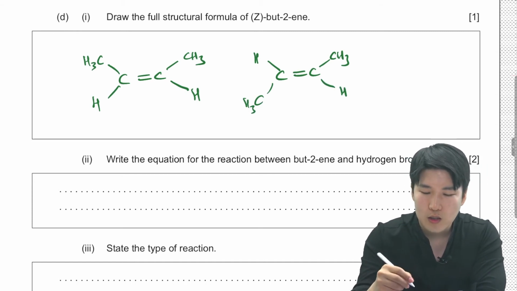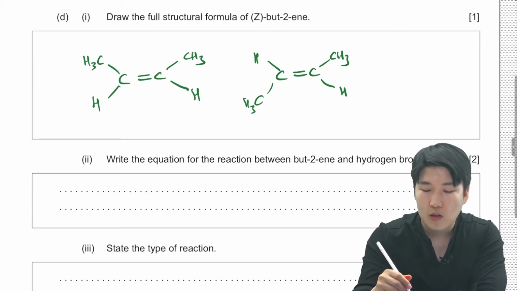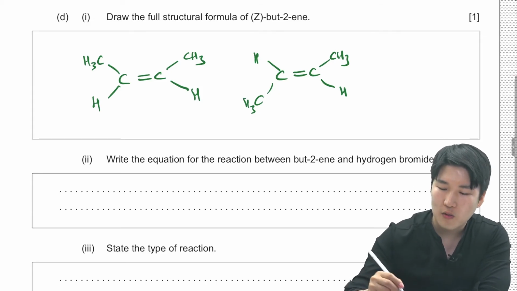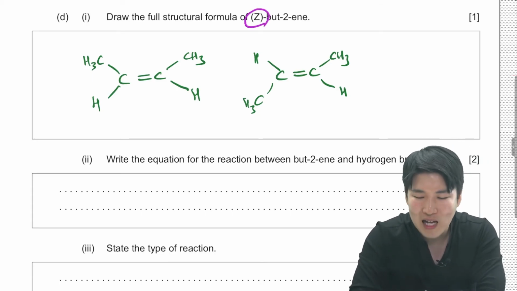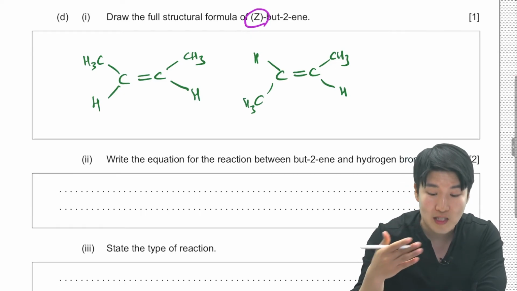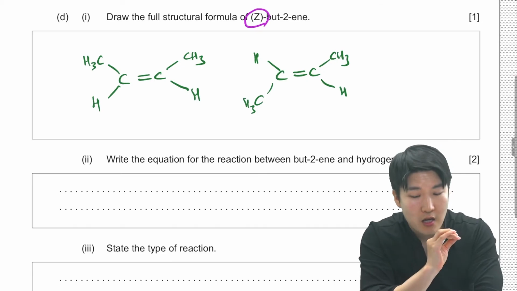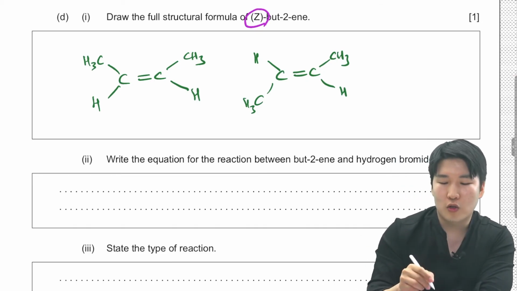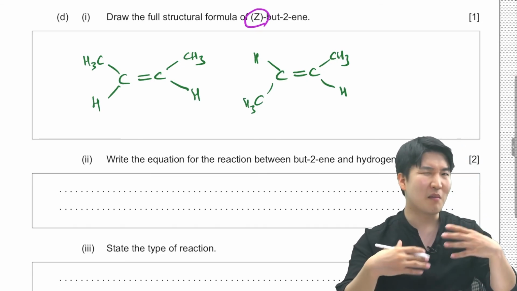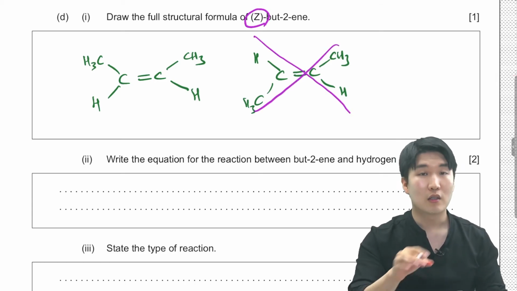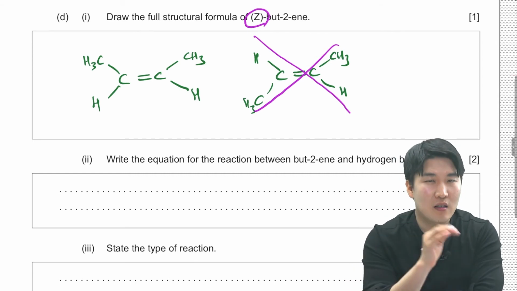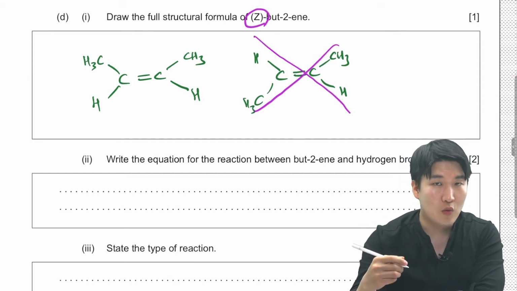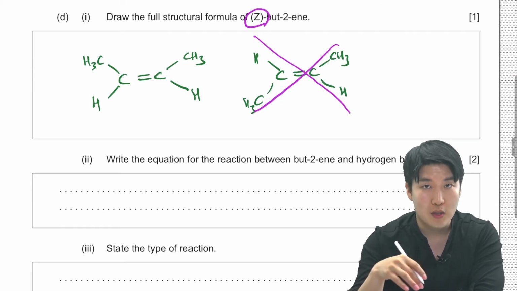For the HL purpose, we want to acknowledge how there's the Z annotation given at the beginning of butene, which is asking us to pick out the structural isomer with the two methyl substituent groups on the same side. So we want the first structural formula that we have drawn. But for the SL level, we don't need to know what Z stands for. Therefore, both drawings could work.